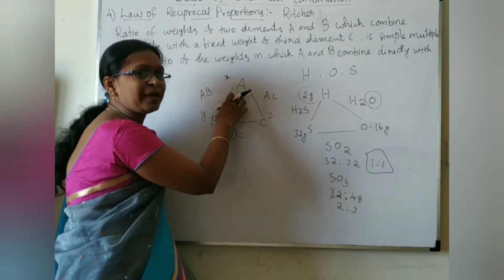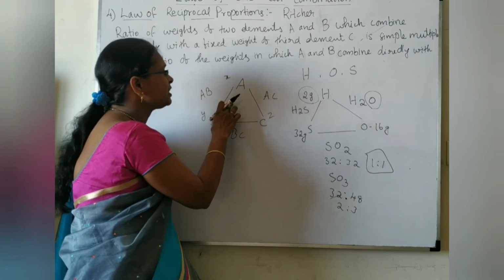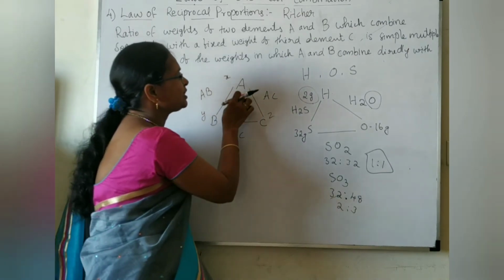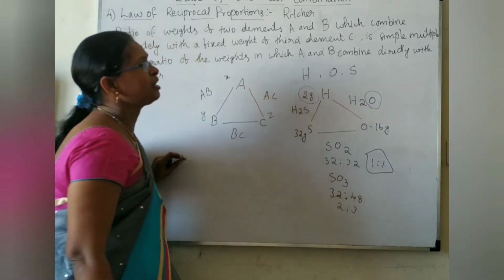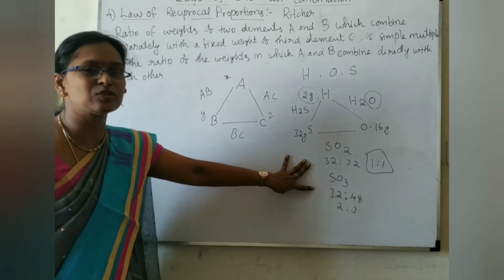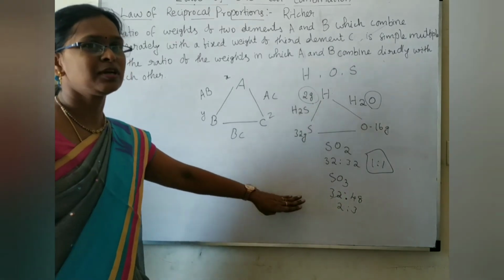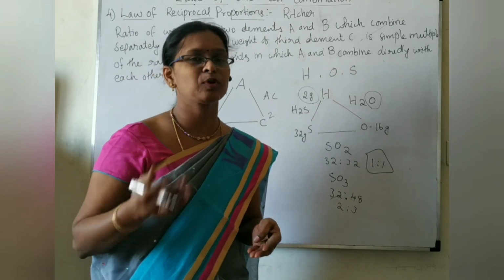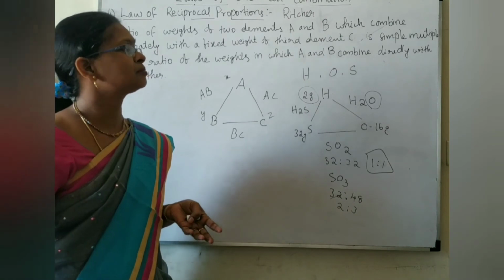So A and B are combining directly here, and A is also combining with C. Wherever it is combining, it follows equivalent ratios, and the other element will give simple numerical ratios. This law we can also call the law of equivalent proportions. This was given by Richter.